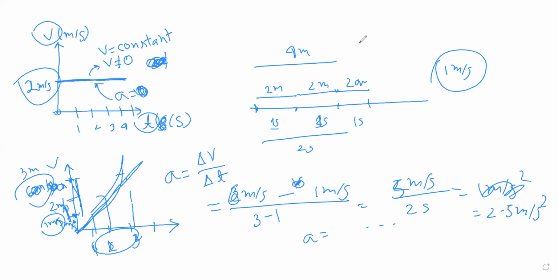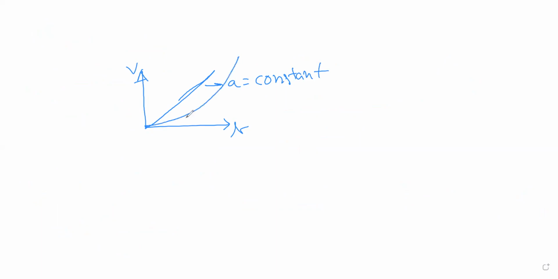right? So what we understand from here: if we have a velocity versus time plot and it is a uniformly straight line, that means we have constant acceleration. But if we draw a line like this, that means it's not constant acceleration. If we draw it like this, that means velocity is decreasing, that is deceleration.